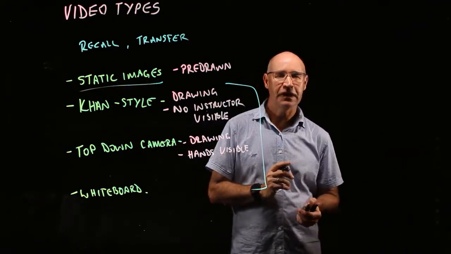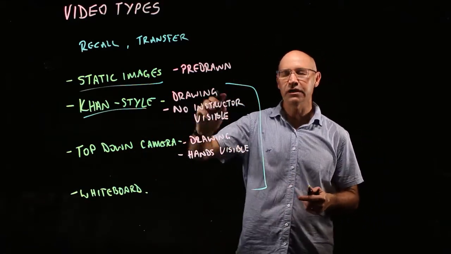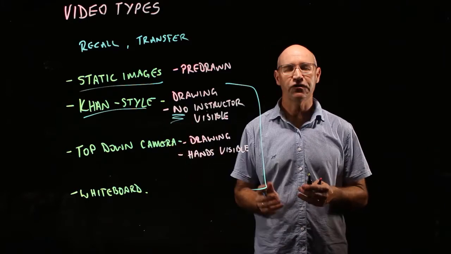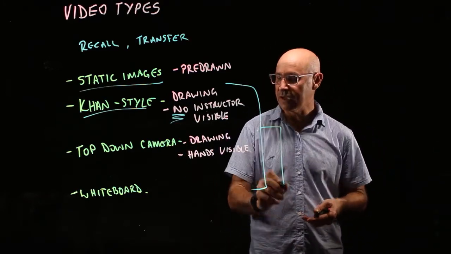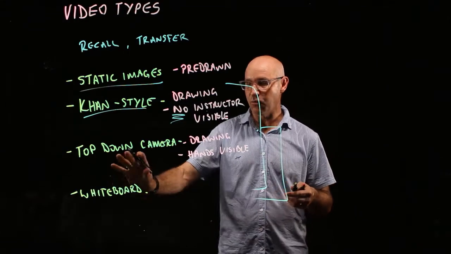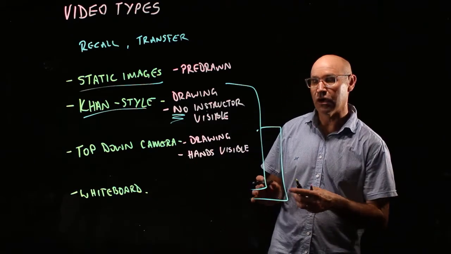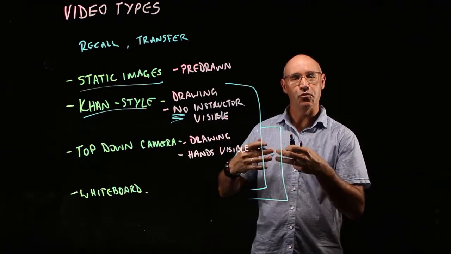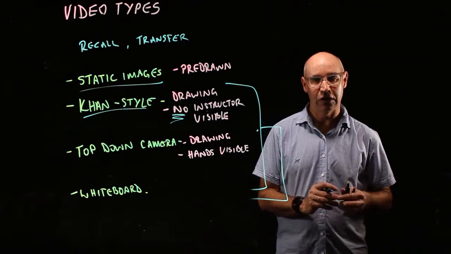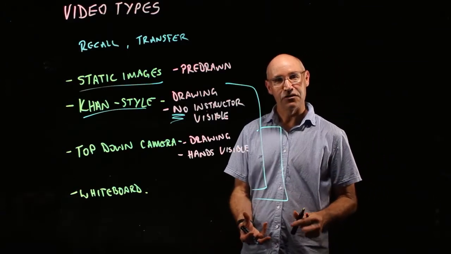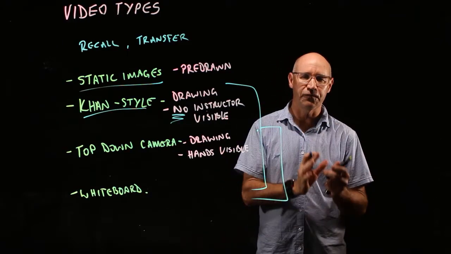The static images were the least effective. The second least effective was actually the Khan style, in other words, drawing and writing in real time, but with no instructor visible. So that leaves the top-down camera and the whiteboard as the 2 most effective. In other words, when the instructor is observed writing and drawing in real time, it's more effective than the Khan style, where even though they're writing and drawing in real time, the instructor's not visible.